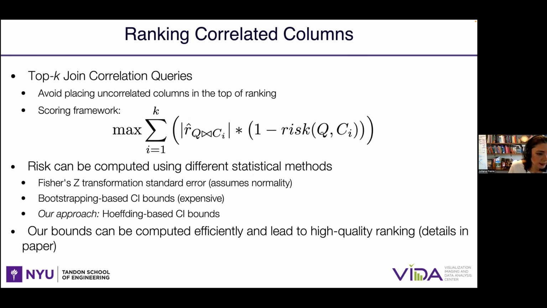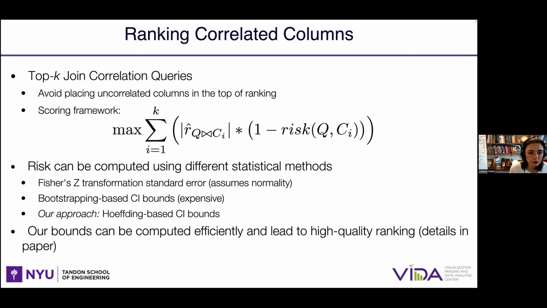The idea is that we want to avoid placing uncorrelated columns at the top of the ranking. For that, we developed a very simple scoring framework that, instead of just using the correlation coefficient, dampens it by the risk that the estimate is not good.